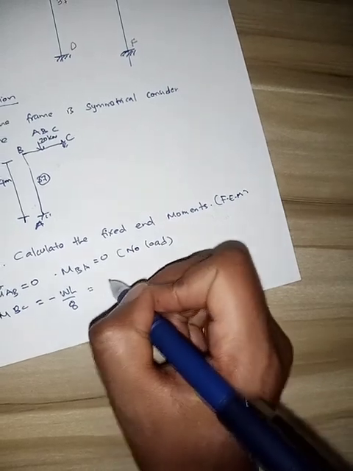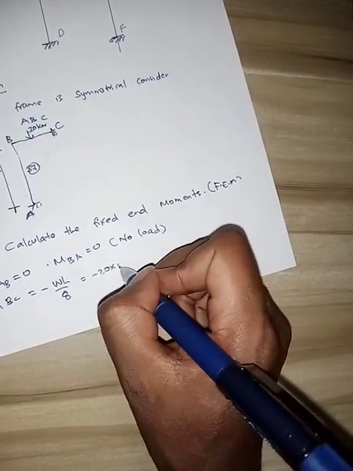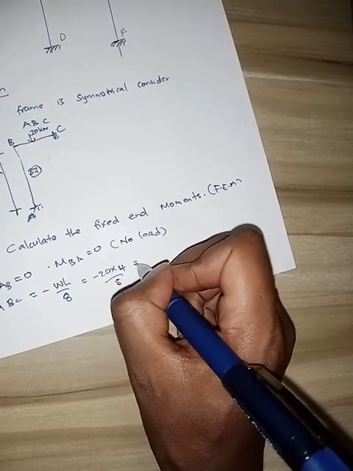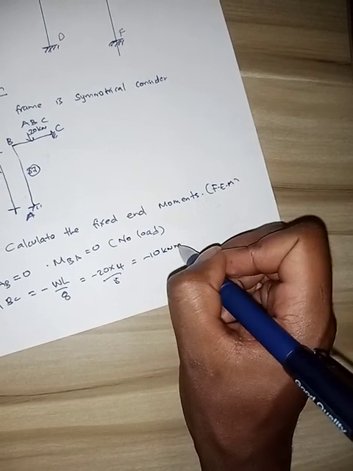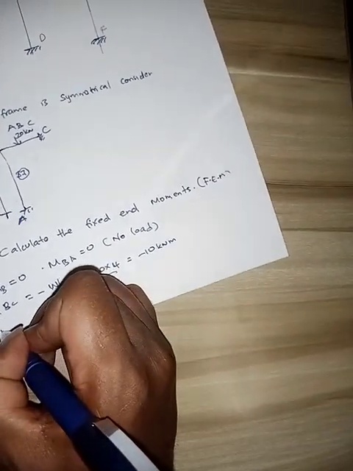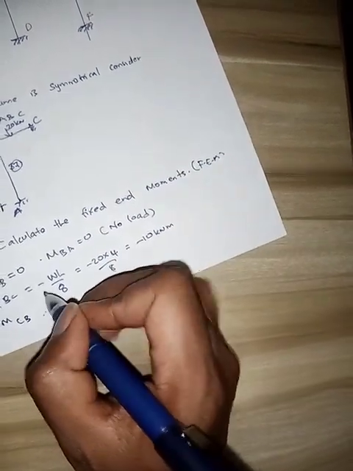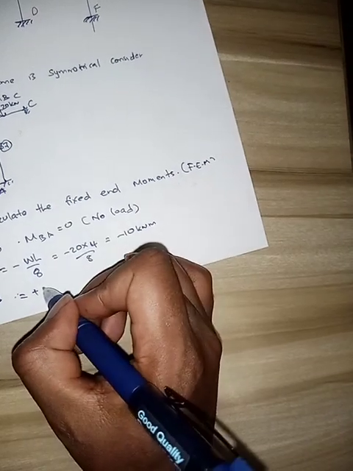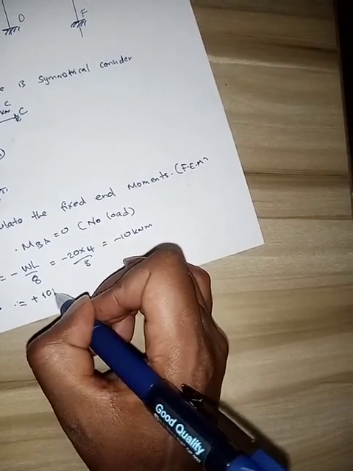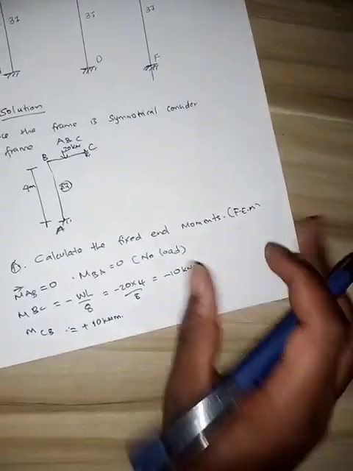So let's give you negative 20 times 4 divided by 8, and that will give you negative 10 kilonewton meter. So for MCB, that will be positive 10 kilonewton meter. Are we together?